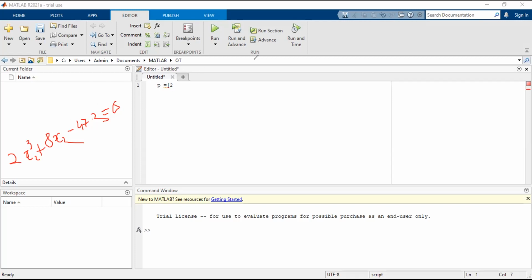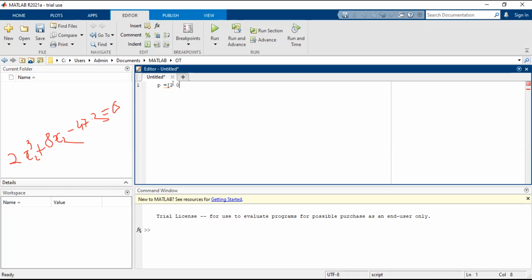So we are not putting 8 directly, but we are taking 0, then 8, then minus 47.3. Any doubt in this? Why have we taken 0 here? Because we need to write down each and every coefficient. Clear?